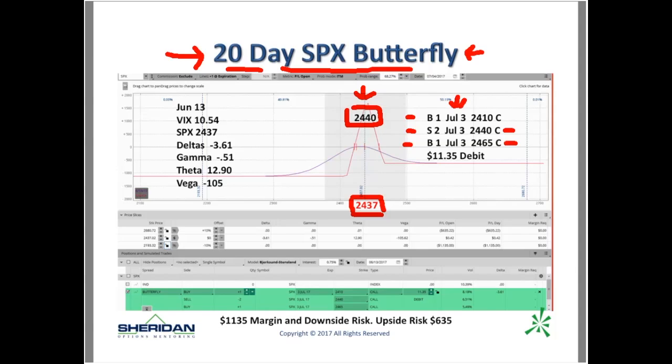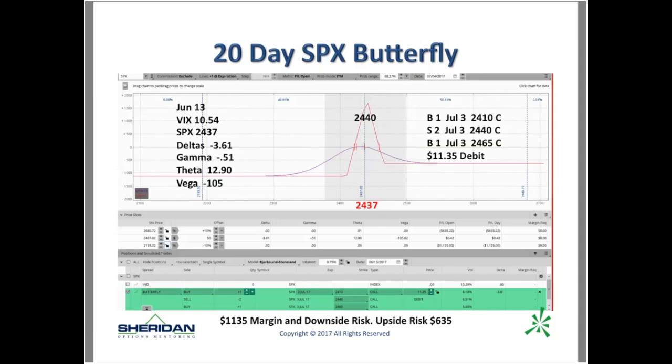I'll get more into how we choose the strikes during the class, but some general principles. The shorter the duration, right? In these short-term butterflies, I want to sell the option that decays the most, the option that has the most time premium. That's always going to be the one at the money, right?